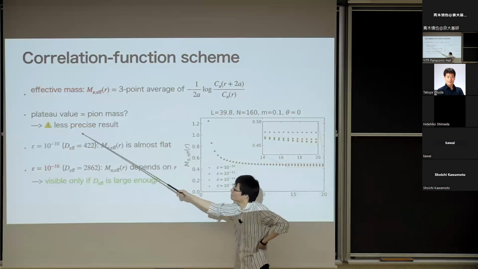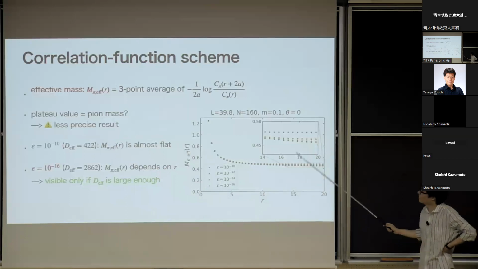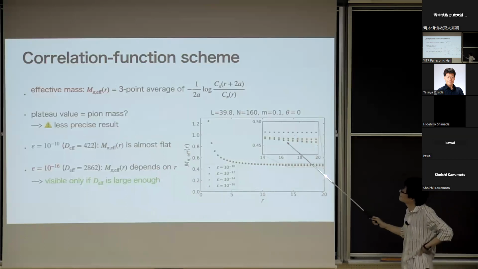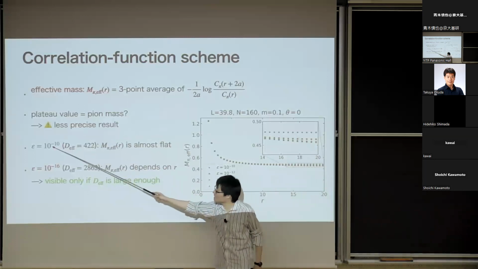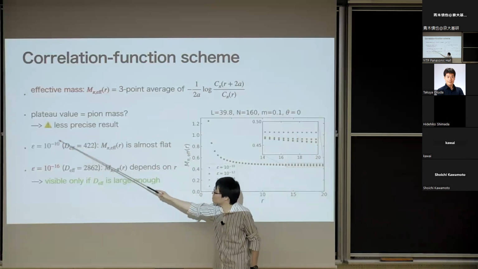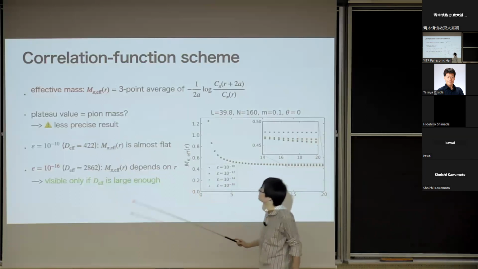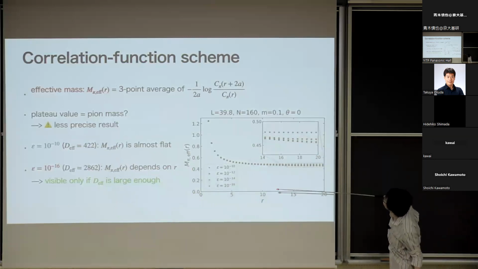And in fact, if we zoom in on this part like this, you can see some difference. Epsilon equals 10 to the minus 10 is the roughest approximation, with bond dimension about 400. It looks almost flat, right? Yeah, flat.